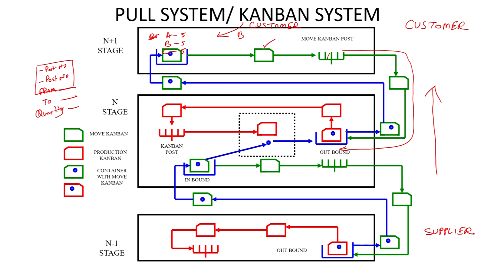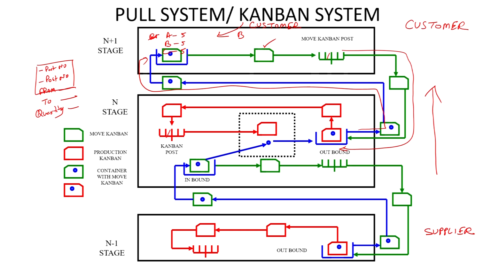He will take out this material, go back, and replenish the material here. Once the material is taken and moved to replenish it, this red card becomes empty, without material. Material is taken to the next workstation.